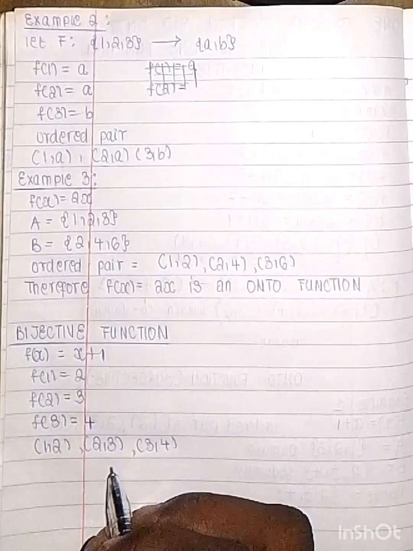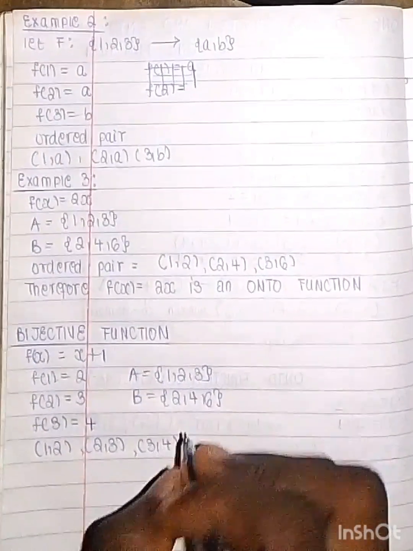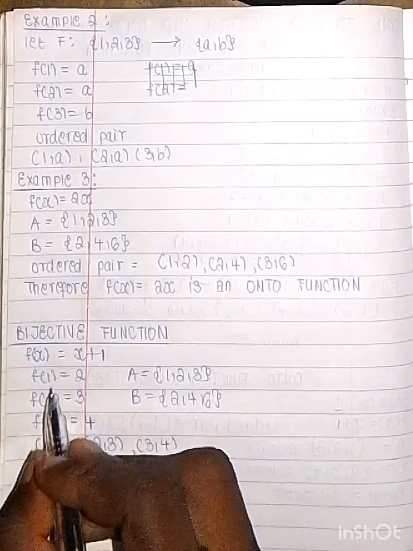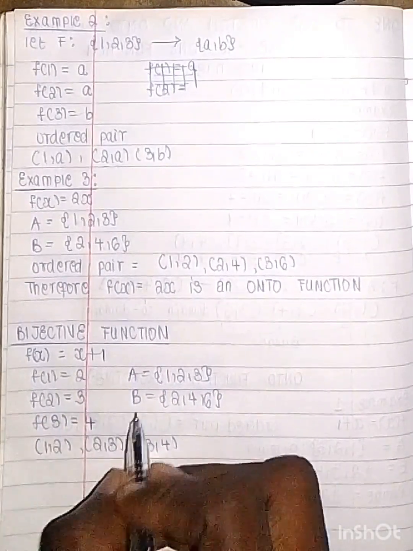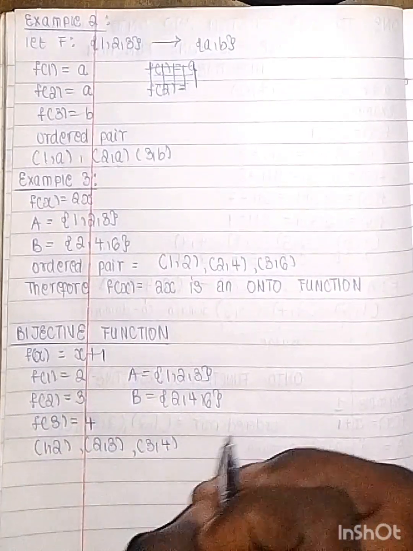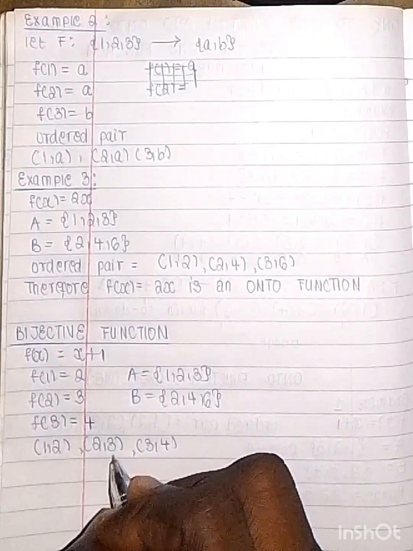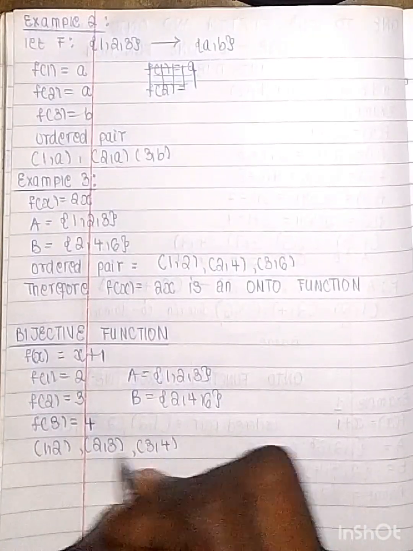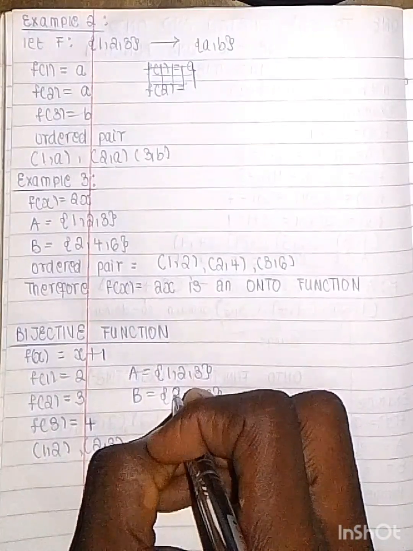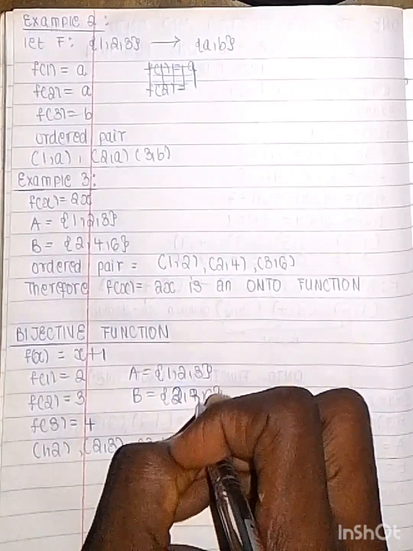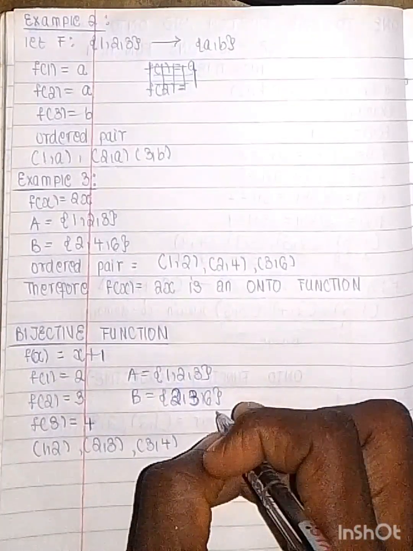Let me explain that. We already know how we got these values. Here is the domain, and here the codomain, or the range.